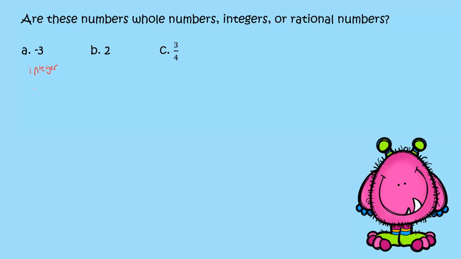So it is also a rational number. 2, what is it? It is whole. It is an integer. And it is rational. Is 3/4 whole? It is rational, and it is not an integer.